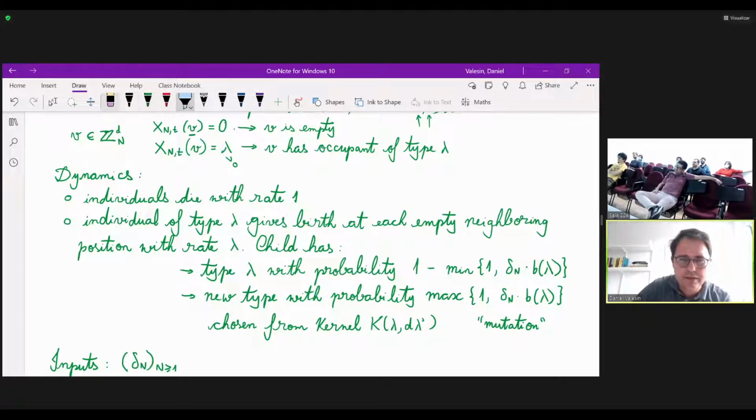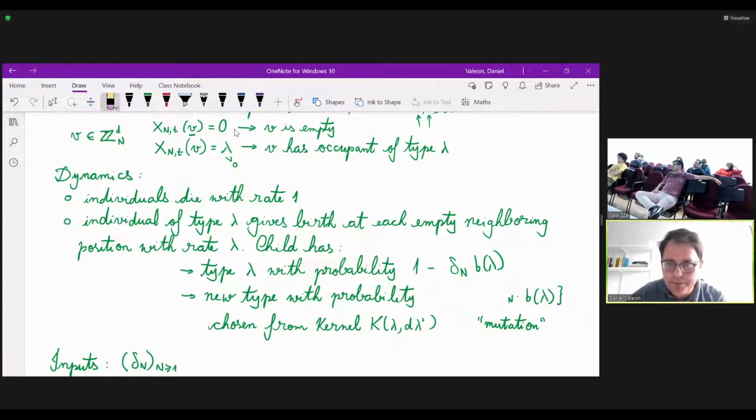So let me delete this just to make it easier to read, then I'll put it back later. So there is a certain probability that the child is the same type as the parent, and then there is a certain probability that the child is a mutant. So δ_n b(λ).